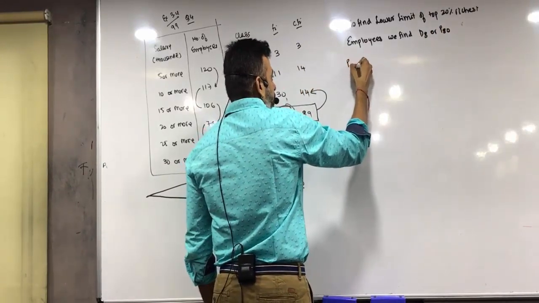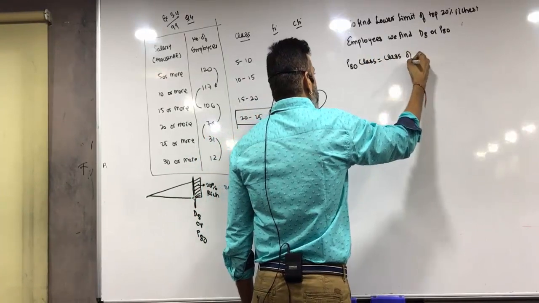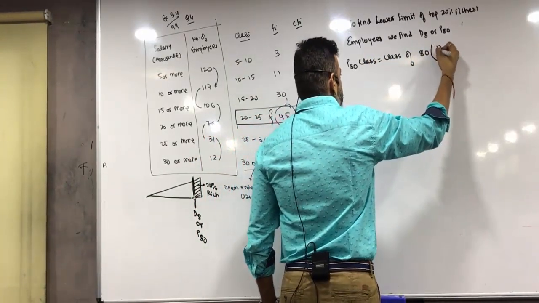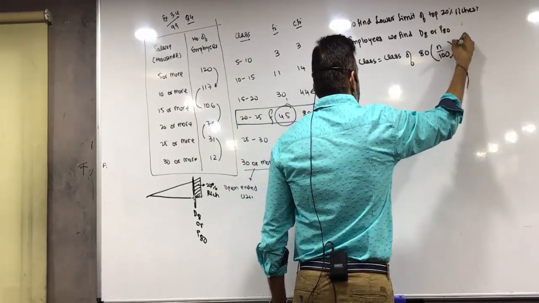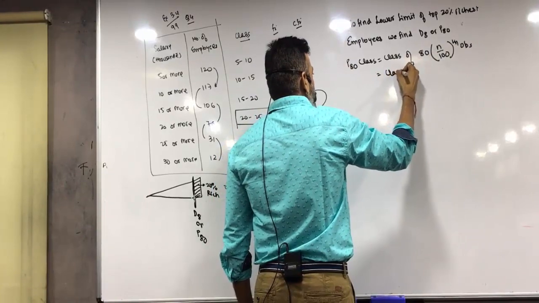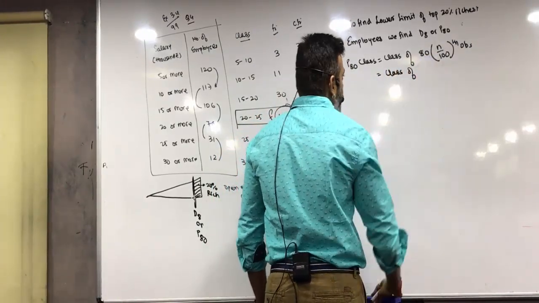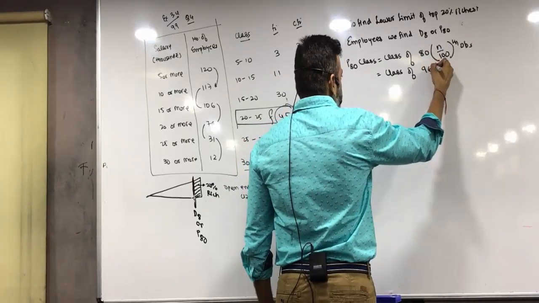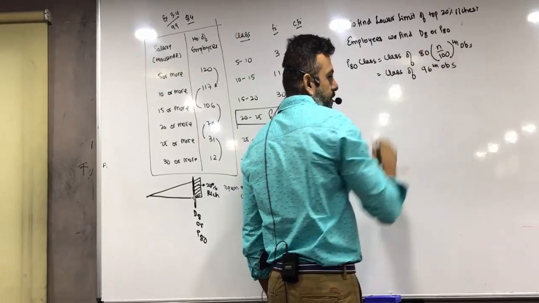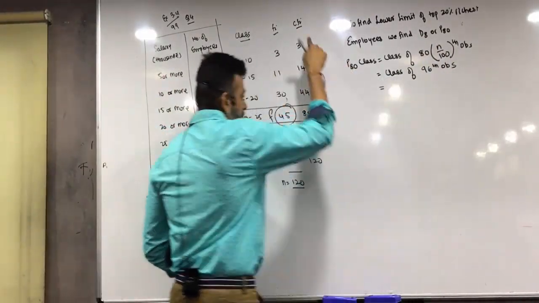So P80 class is equal to class of 80 n by 100th observation, which is 80 into 120 divided by 100, which is equal to the 96th observation.